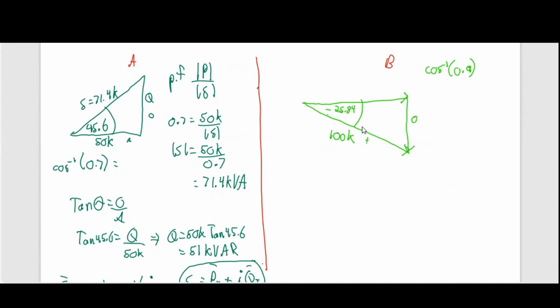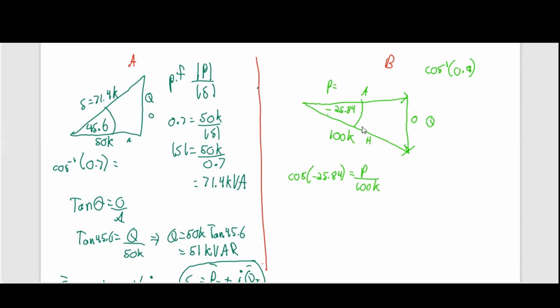O H A. So we need to get P and we need to get Q. So let's do some tricks. So we have H or A, so that'll be cos of minus 25.84 is equal to, so cos theta is equal to adjacent, which is P, over the hypotenuse.